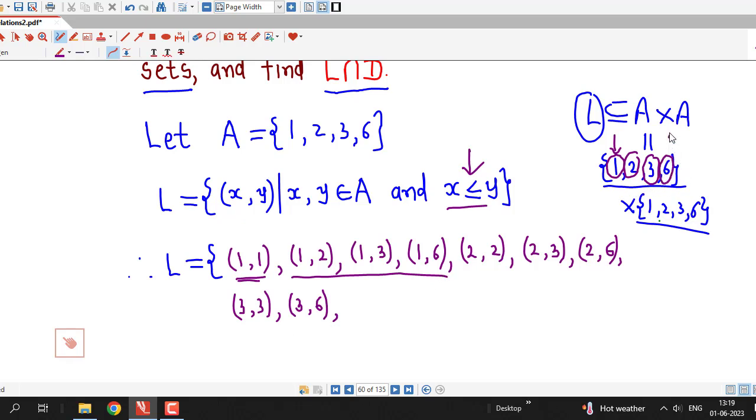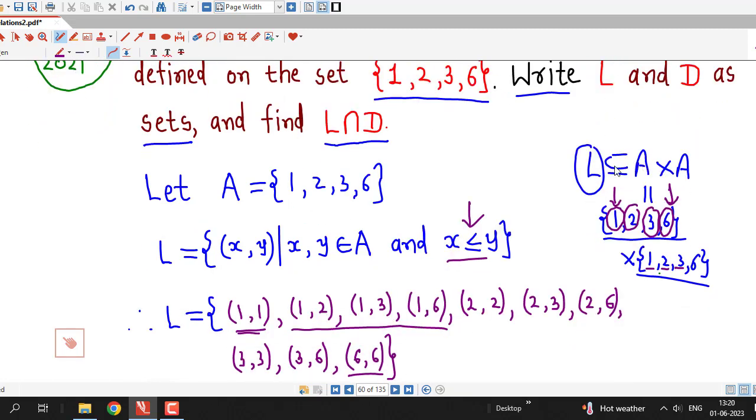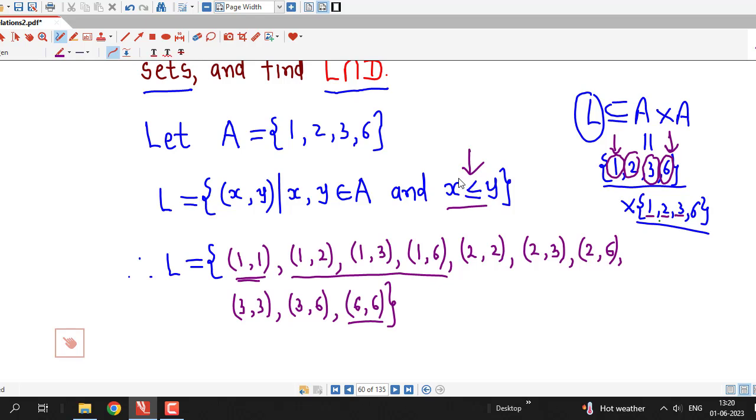Then 6 as the first component: 6 is greater than 1, 2 and 3, so (6, 1), (6, 2), (6, 3) are not members of L, and (6, 6) is a member of L because x is equal to y. So this is the relation L which we have written as a set using this condition.